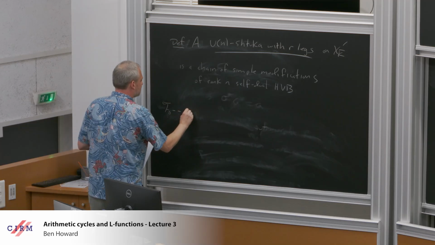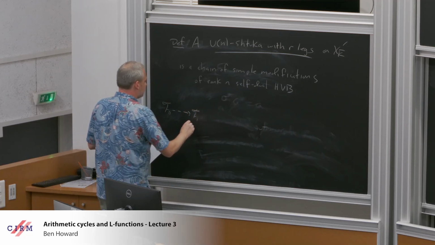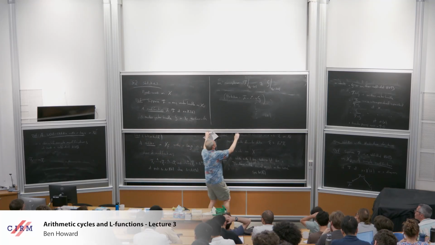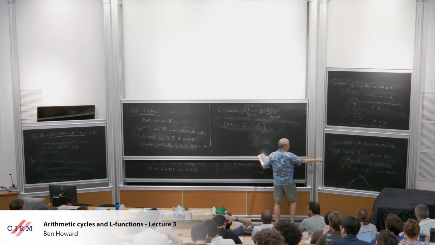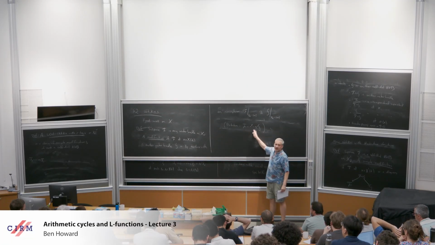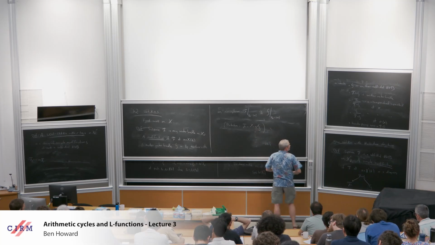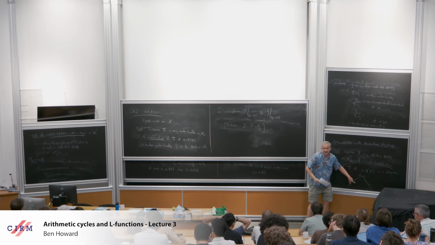F0 simple modification to F1. So I'm now going to use the same notation. Whenever I write this from now on, F and G are self-dual Hermitian vector bundles, and a modification at X actually means one of these things.